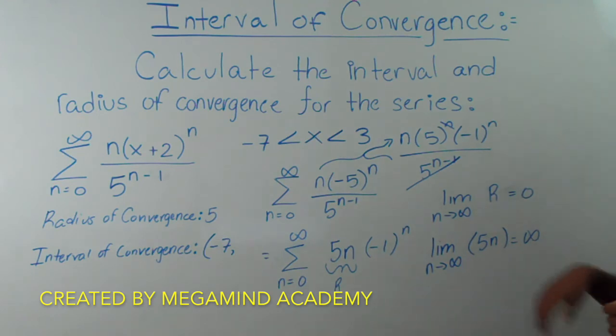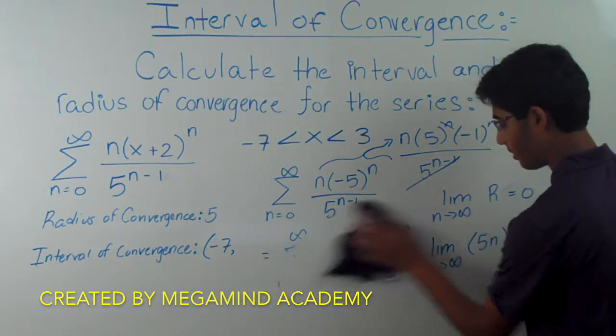And now we're going to have to figure out whether 3 is included in the interval. We need more space, so before we do that, take a moment to go over this. And now we'll do 3.